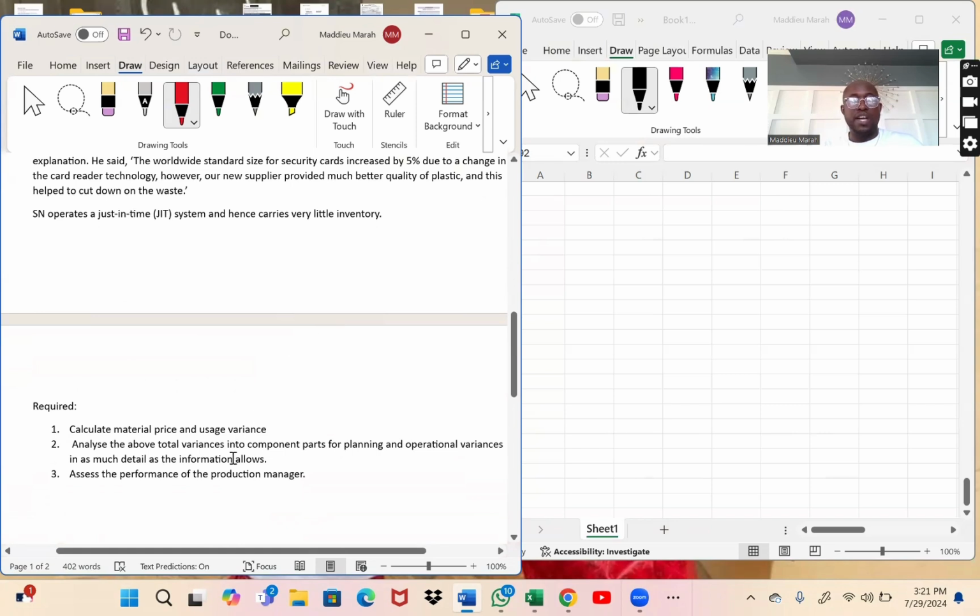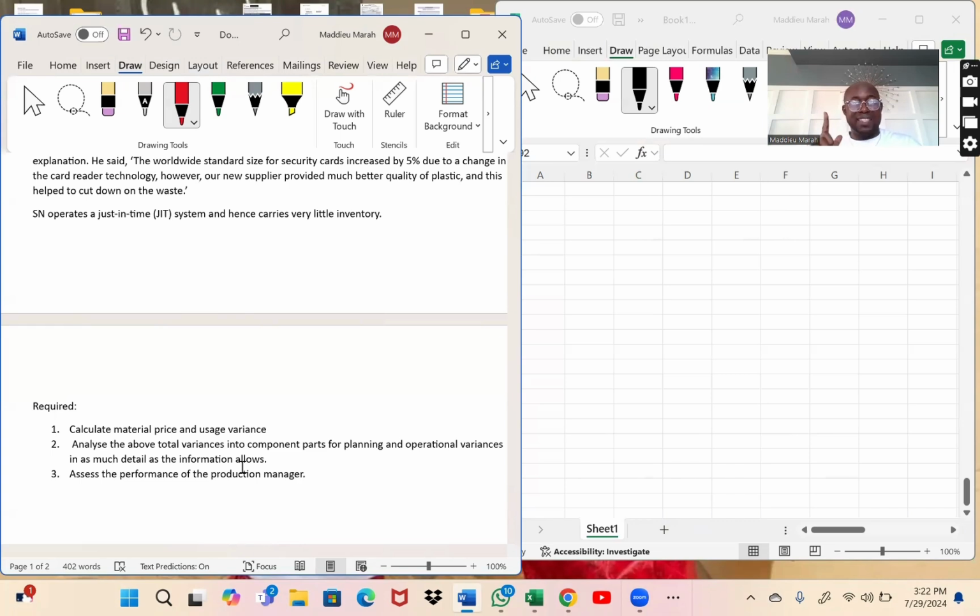Analyze the above total variance into component parts for planning and operational variances in as much detail as the information allows. Take note, in as much detail as information allows.